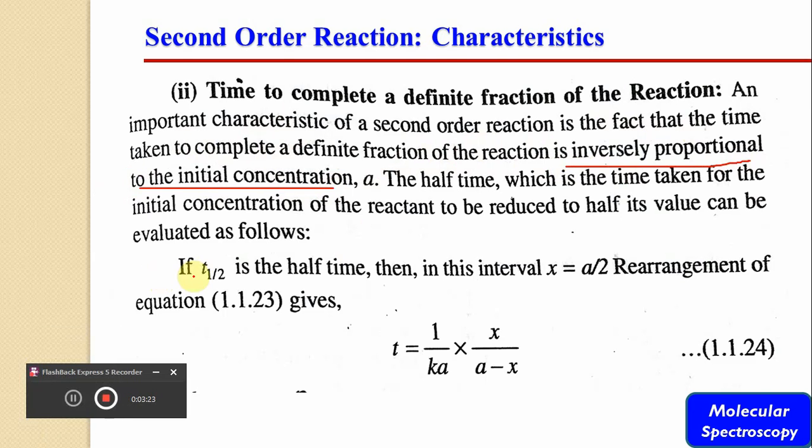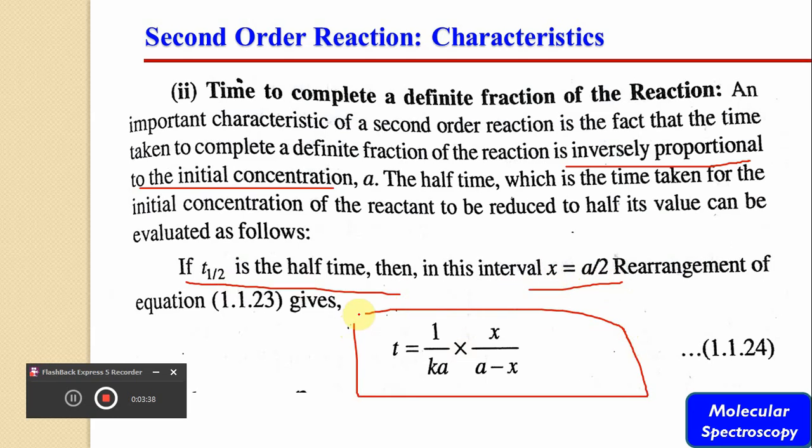Suppose T1 by 2 is the half-life period of the reaction. At the half-life period the concentration of product will be half of the initial concentration, meaning x is equal to a by 2. The equation for the second order rate constant can be written for time: t is equal to 1 upon k into a into x upon a minus x.